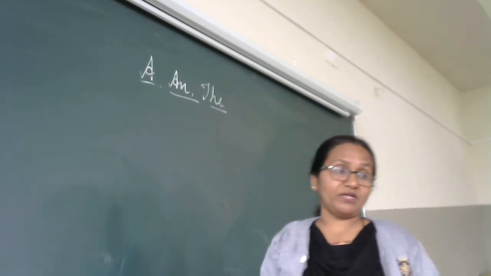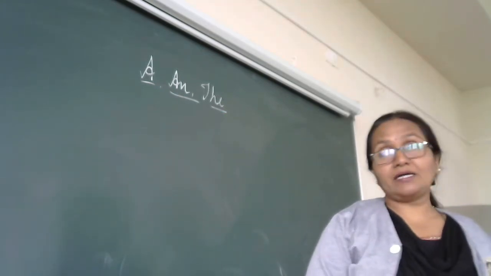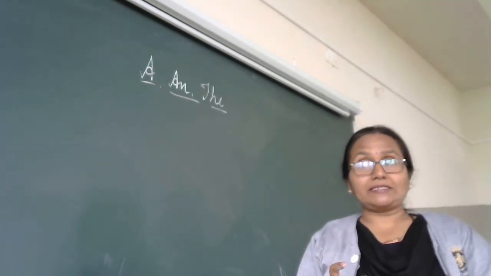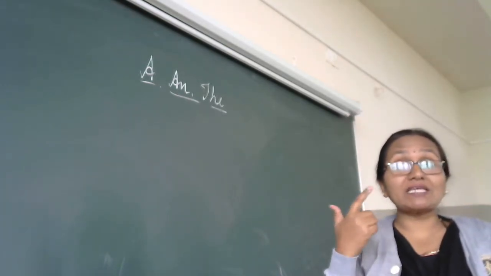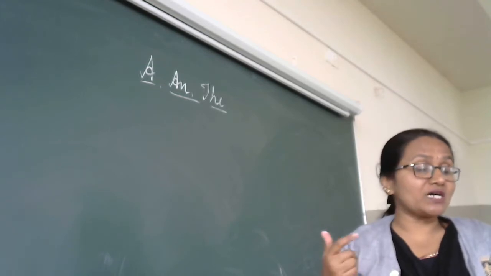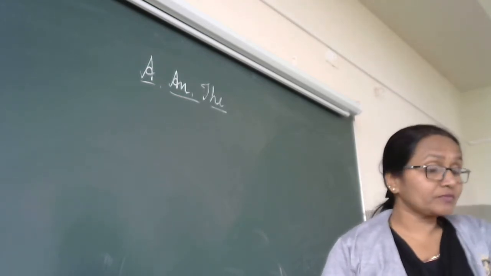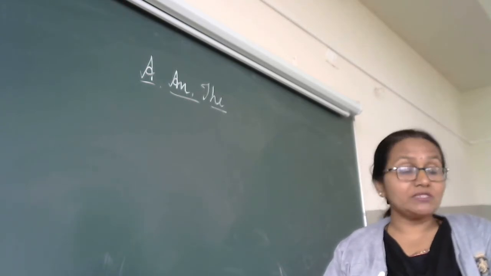Now as we know, the use of a or an depends upon the sound of words. Some words begin with a consonant sound and some begin with a vowel sound.